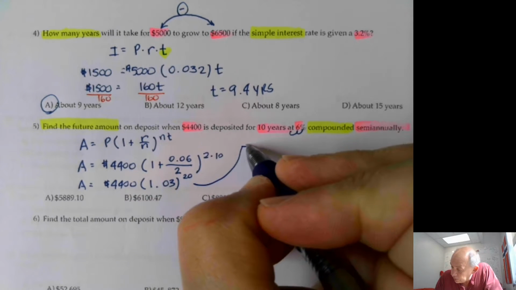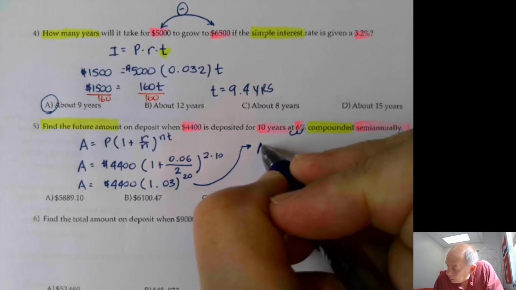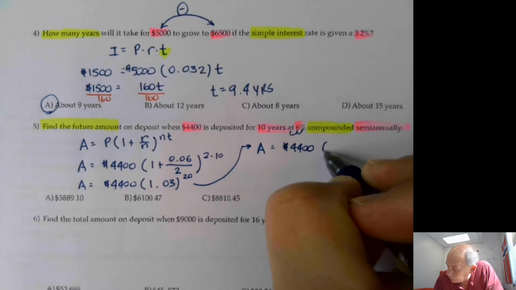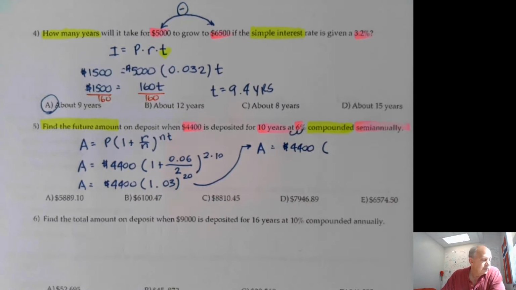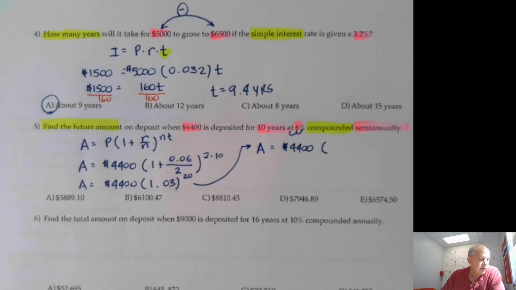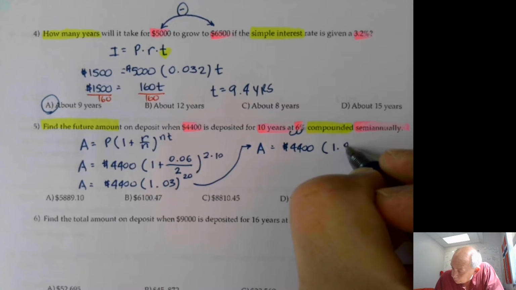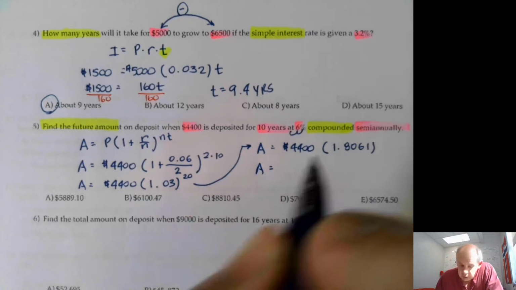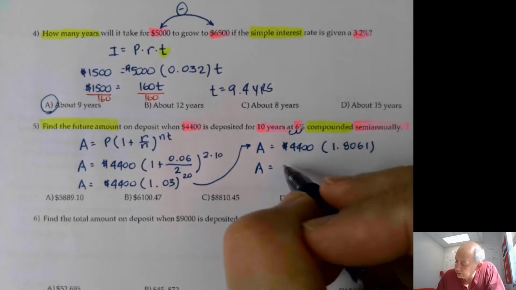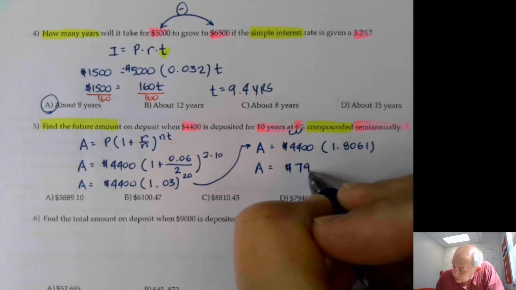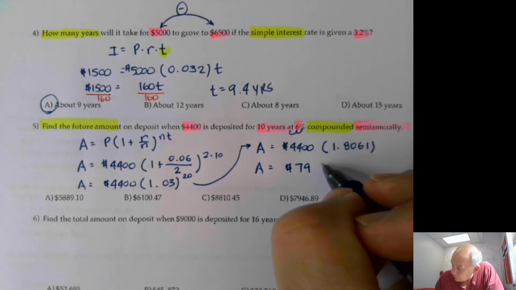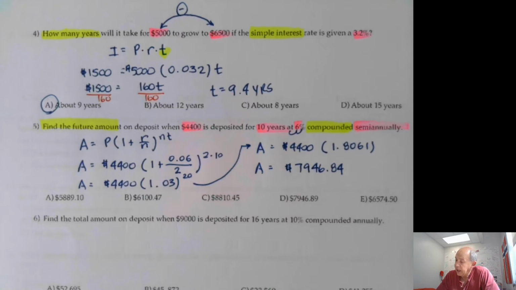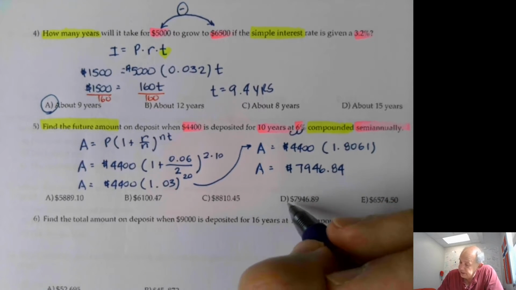When I do that, my future amount would be 4,400 times 1.03 raised to the 20th power, which is 1.8061. When I multiply those two values together, I'm going to get 7,946.84. My answer is D.